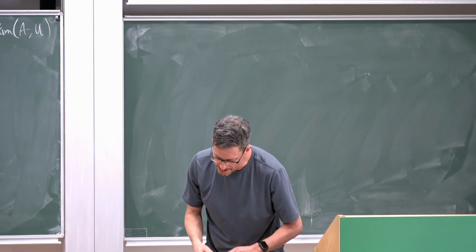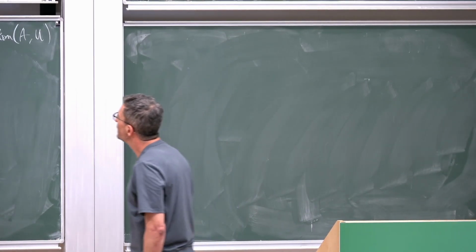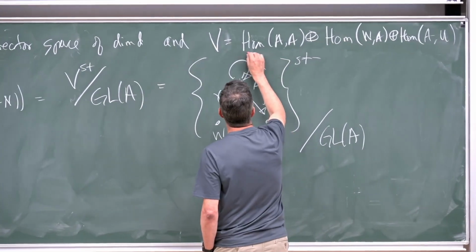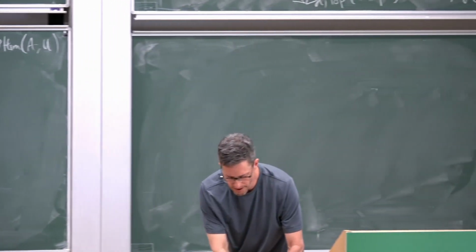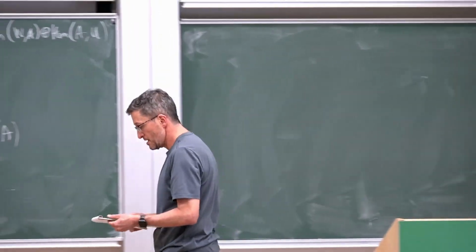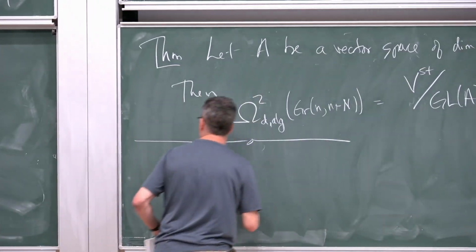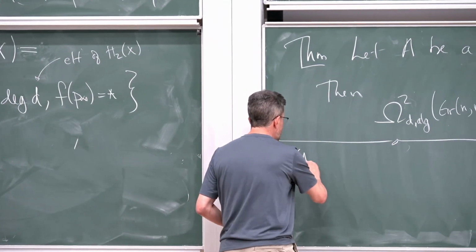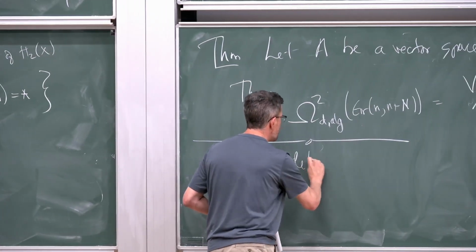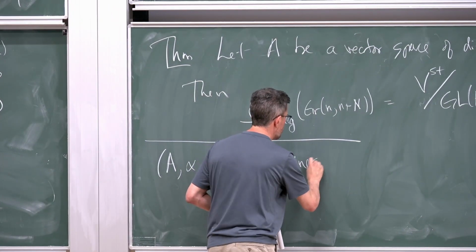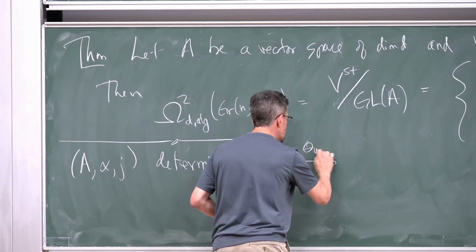So let me give you a way to think about this. Absorb it for a second. This piece right here, what is this piece parameterized? So let me, right, the vector space A, along with alpha and J, determines this part, U to E, right?